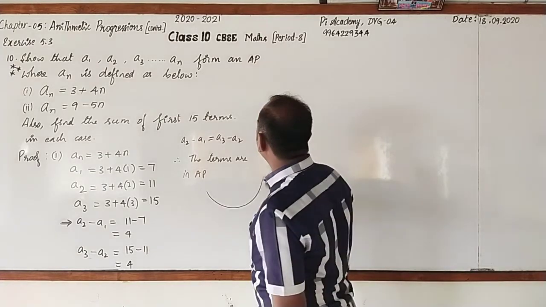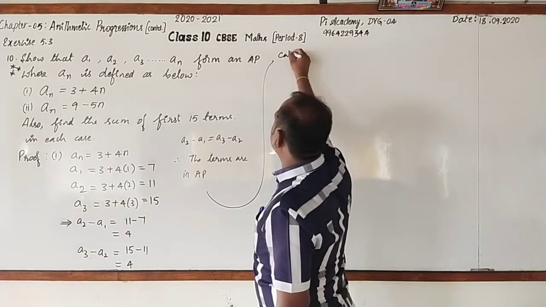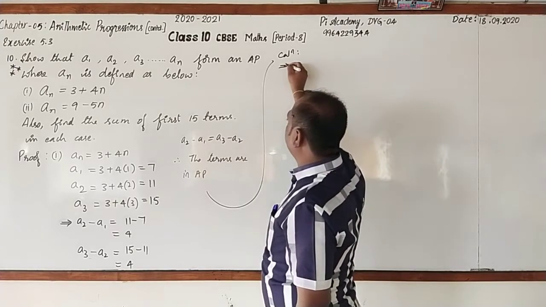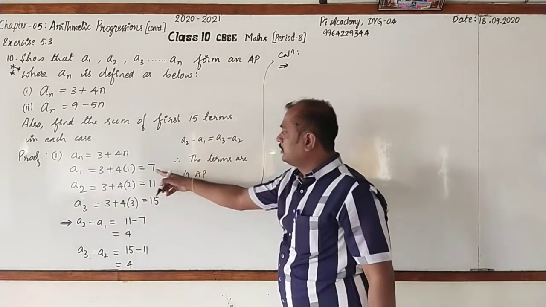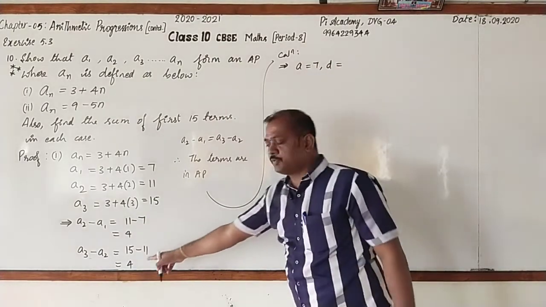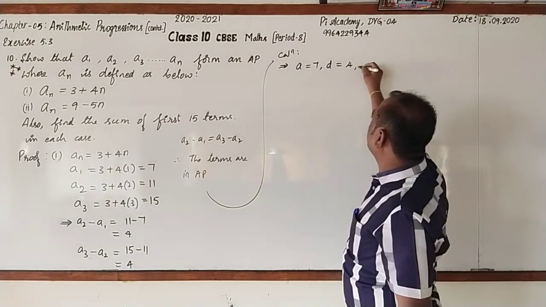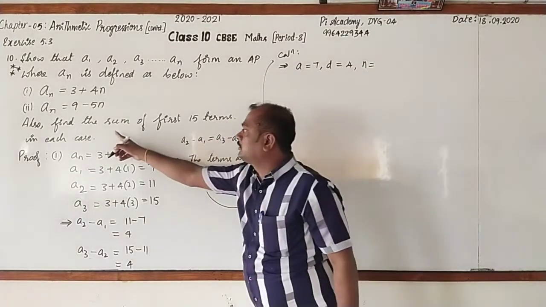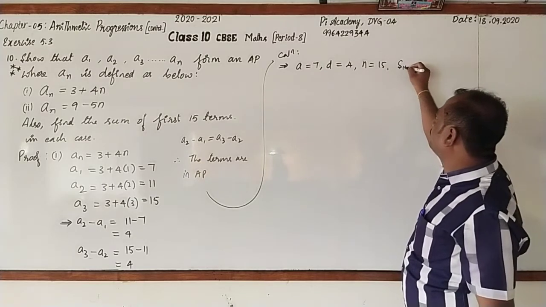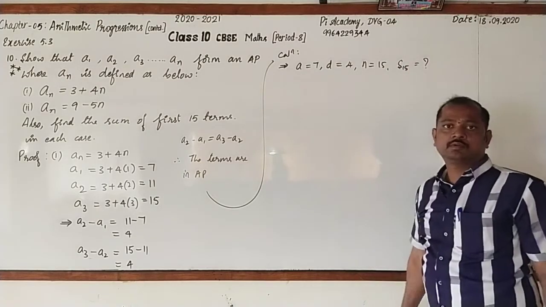If it is so, then we have to find out the sum of first 15 terms. Here I'll write calculation. In the calculation, first I'll write the terms. What is the first term? It is 7. Common difference we have found out, 4. Number of terms: find the sum of first 15 terms. Number of terms 15.